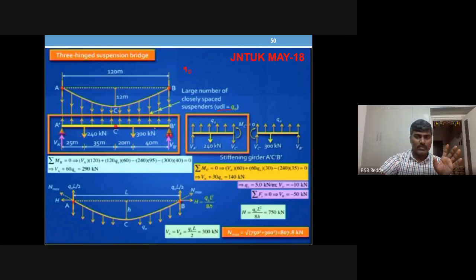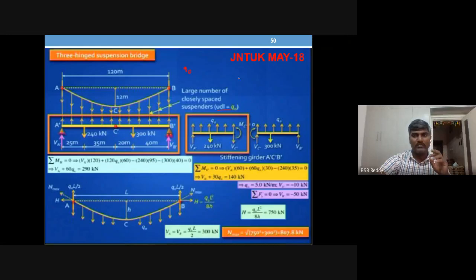VA dash, the vertical reaction at this hinge, VB dash, the applied load 240, applied load 300, and UDL of Q naught from the suspenders. The girder and the main cable are connected by suspenders; if you break them, you can see the UDL. These are the loads acting on it.